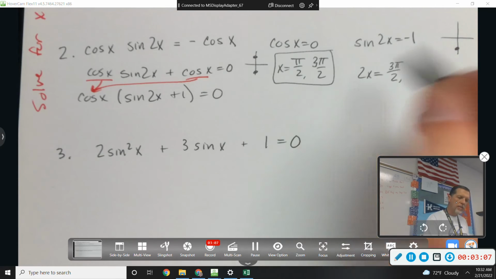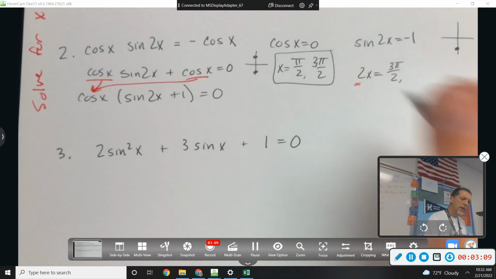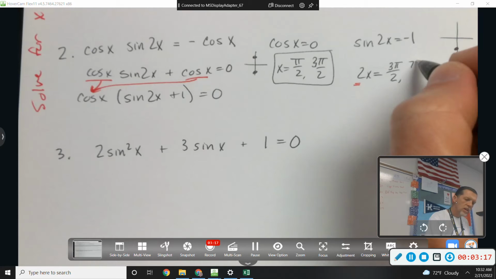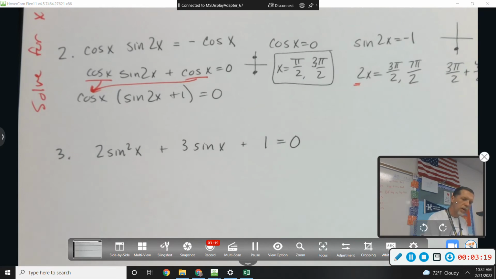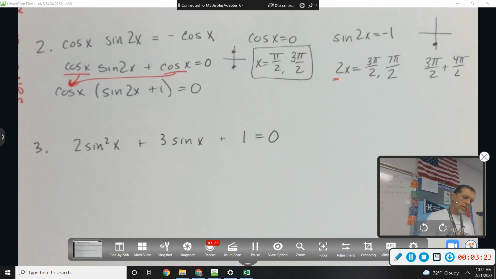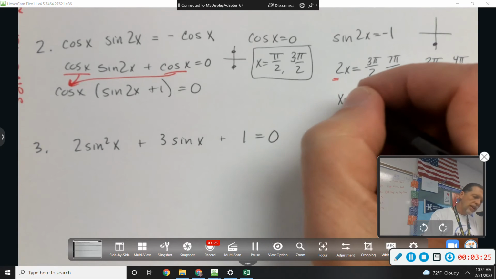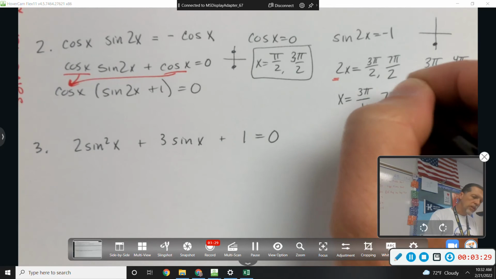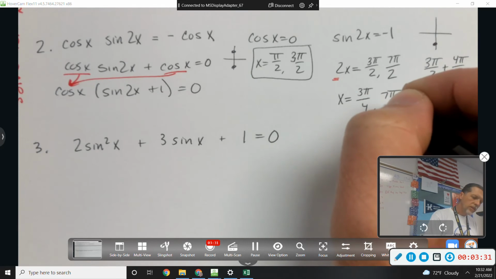But with that 2 there means I need to double my answers, so I need to add 2 pi to that. So that would be 7 pi over 2. And then I need to divide by 2, which means I was wrong earlier when I said there were 3 distinct answers.